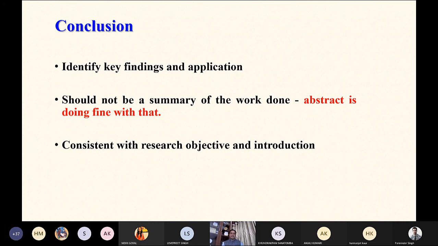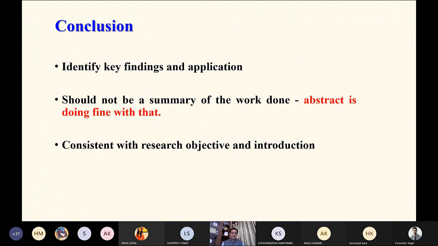I repeat again, in the conclusion part we have to include only the key findings along with some implications, all based upon the key findings of the research.